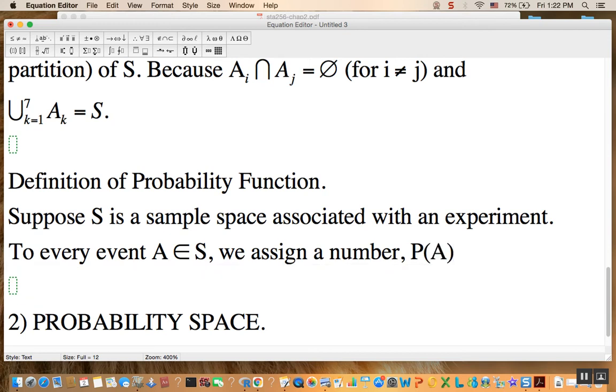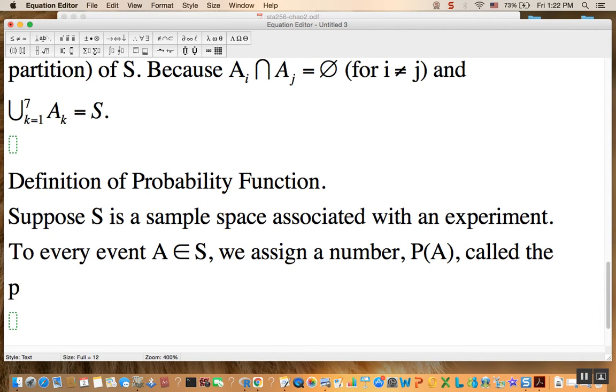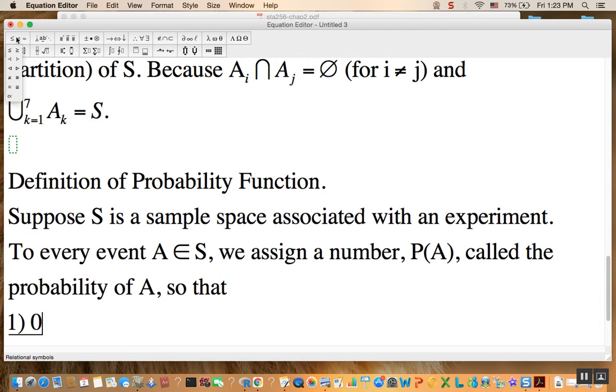We're going to denote that number with P of A. Okay, that's the probability of the event A. And that number will be called the probability of A. But that number that we're going to be assigning to the event A must satisfy a few conditions, properties, so that condition number 1, the number that we assign must be a number between 0 and 1.